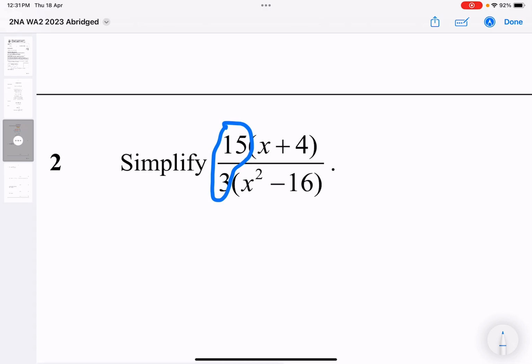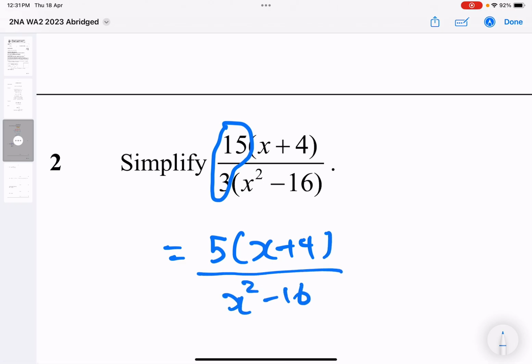It will simplify for you. 15 divided by 3, it will give you 5. Right? It will give you 5. Numbers, I told you before, you can just enter in your calculator. That is easy. Okay? But what about all these things? How do we factorize these things?